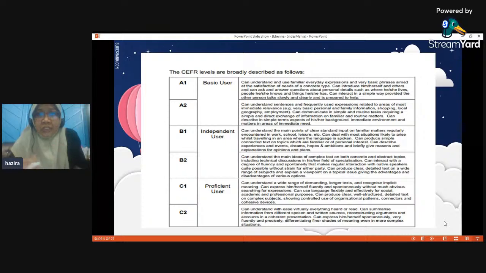The range of your marks, you are going to be assessed based on A2 until C1 level. Later perhaps you can ask your English teacher if you want to know more about it. I'm not going to focus on it.